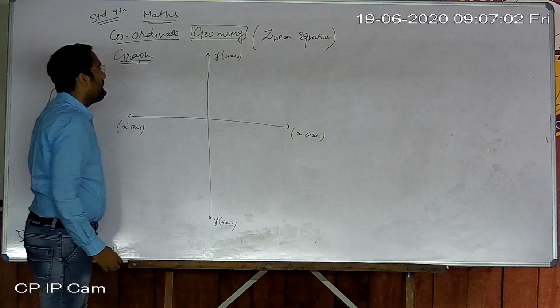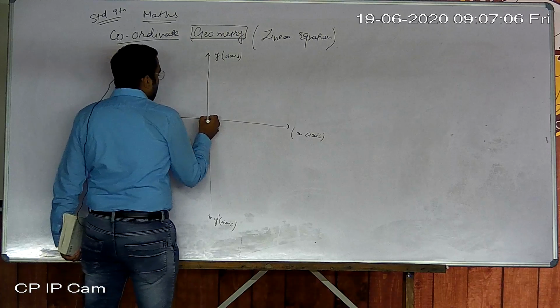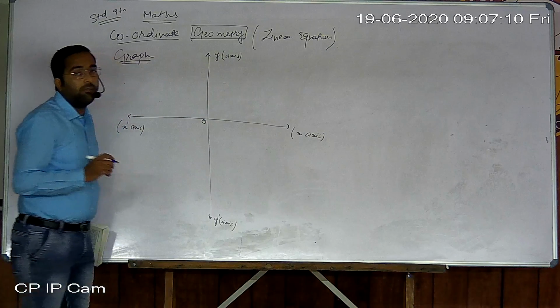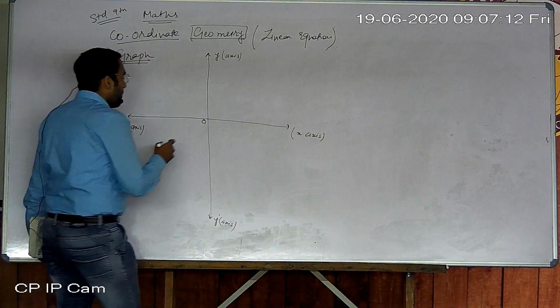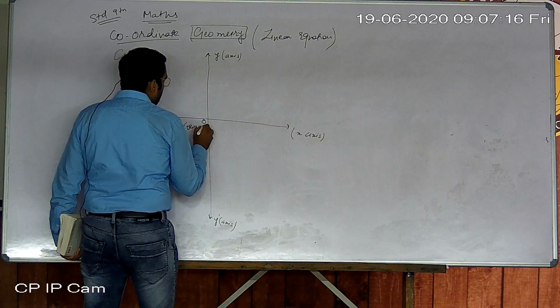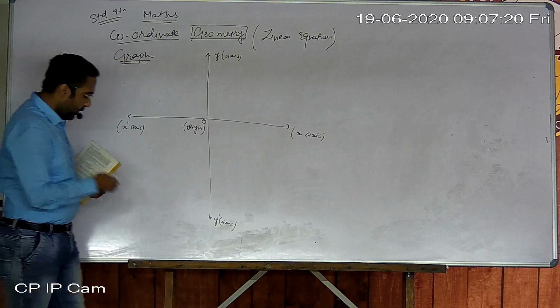Okay, and these two axes meet at the intersecting point, which is named O, and we call it the origin.